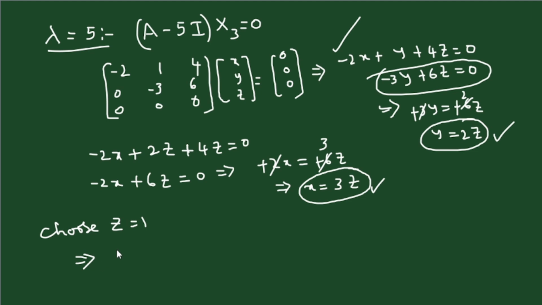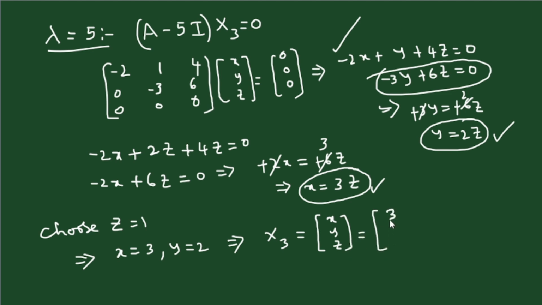This implies x becomes 3, y becomes 2. So therefore, x3 is xyz, where x is 3, y is 2, z is 1. We have chosen z as 1.